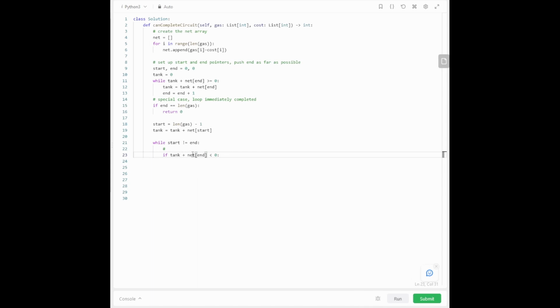If our current tank plus the difference in gas that can be acquired at where end is less than 0, that means we can't push end forward. So we move start backwards to look for gas. Start equals start minus 1, and then we want to adjust the tank.